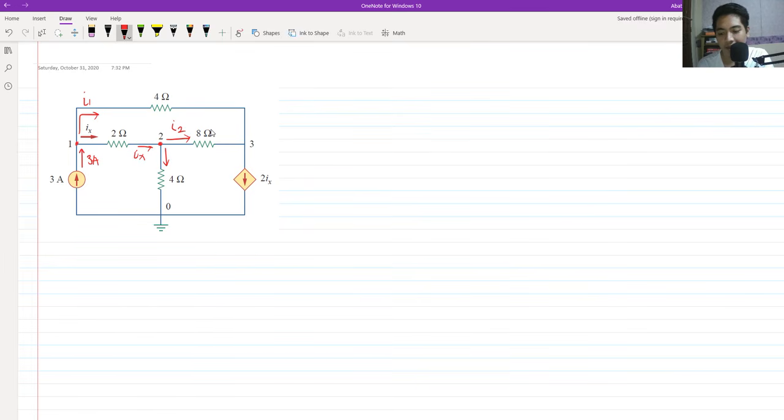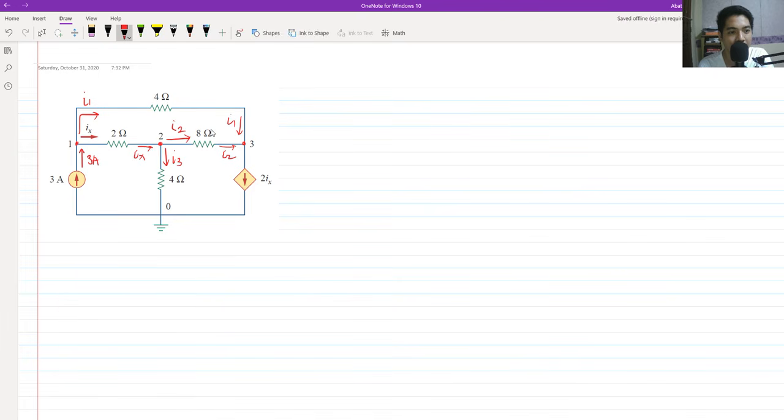For this 4 ohms, we have I sub 3. Analyzing this node, we have I sub 2 still, I sub 1 entering from here, and a dependent current source, which depends on the value of I sub x here. So we have already assigned the currents.